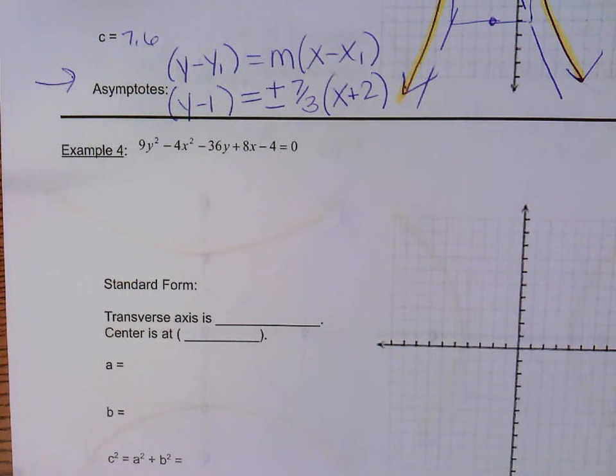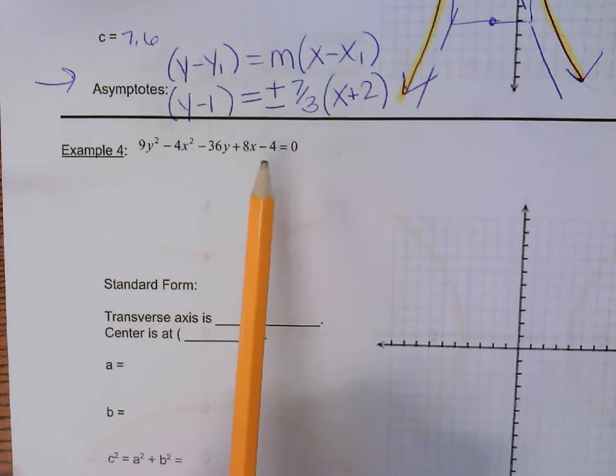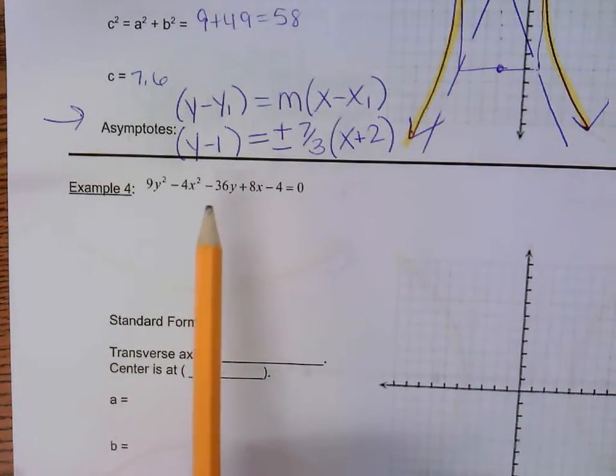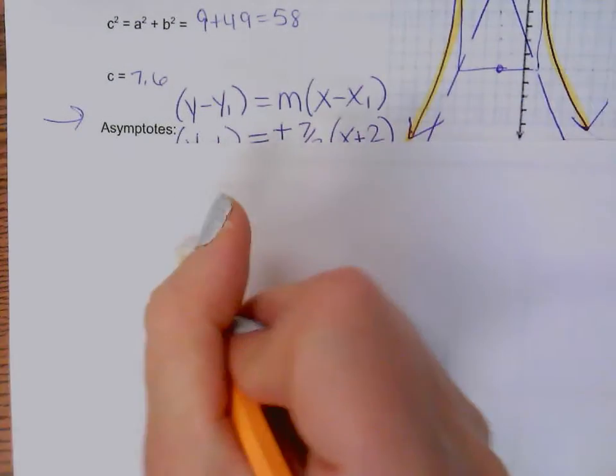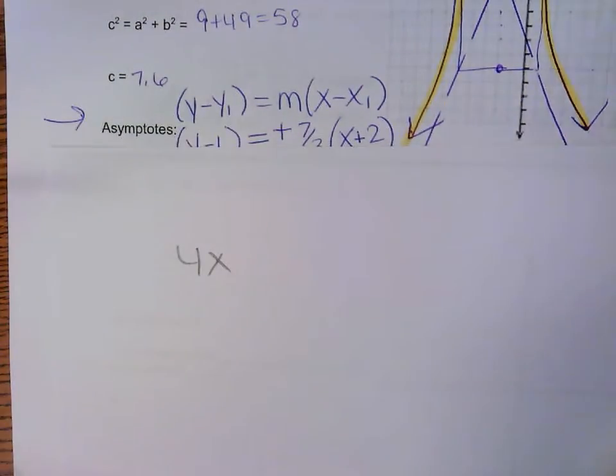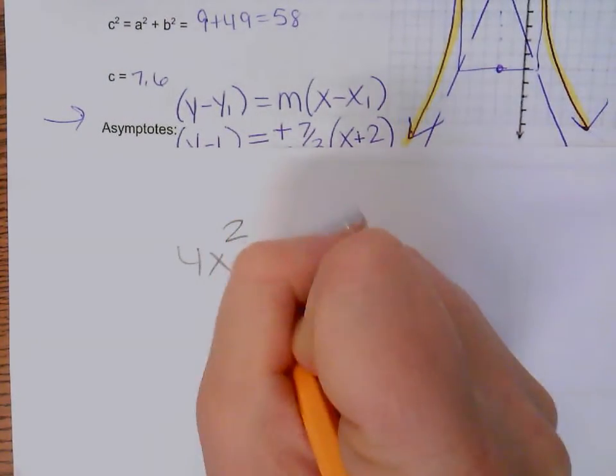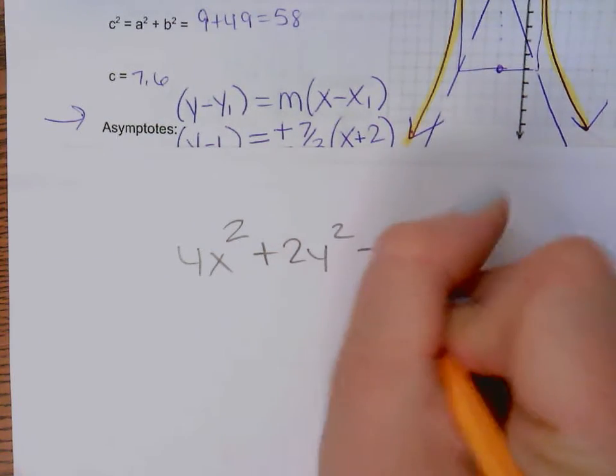So on your test next week, you're just going to get an equation and you're going to have to figure out, is this a circle, an ellipse, a hyperbola, or a parabola? So I just wanted to start planting the seed for you of how just by looking at one of these equations, you can figure out what it is.